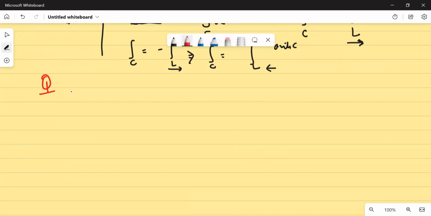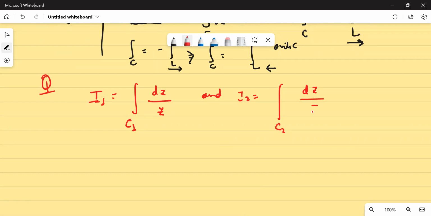Okay, so try to find I1, which is the integration over, let's say, C1 of dz/z, and I2, which is the integration over C2 of dz/z.